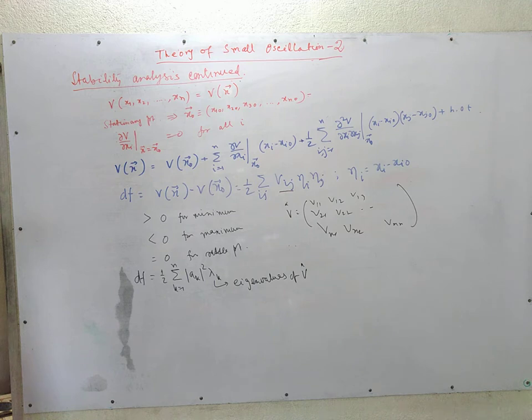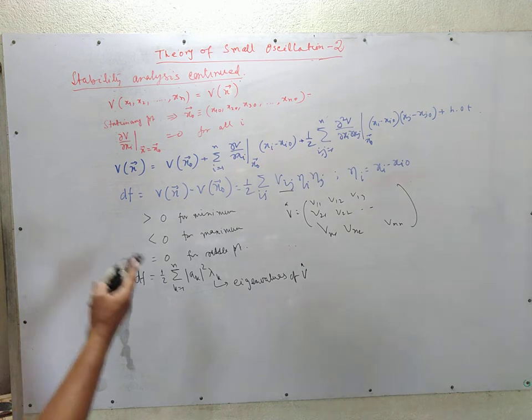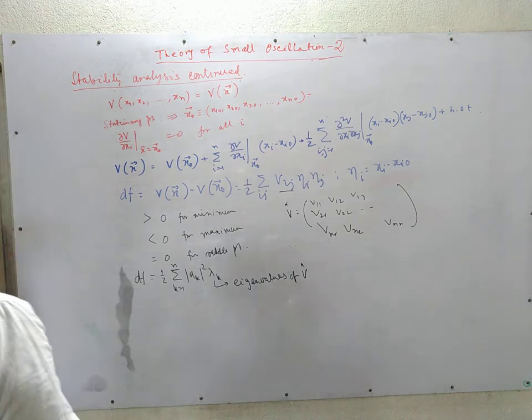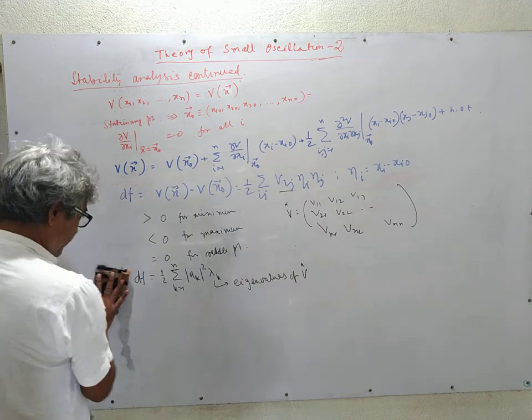However, we shall here present a few systems in 1, 2 and 3 dimensions where the eigenvalues have specific signs, so that this theory can be applied to find the stability.